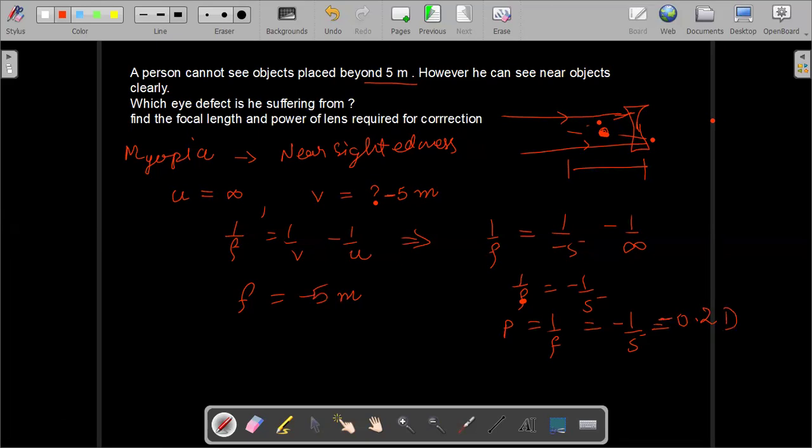We have already taken it in meter, so no need to multiply it by 100. Got it? Yes, sir. So this is negative 0.2 diopters.